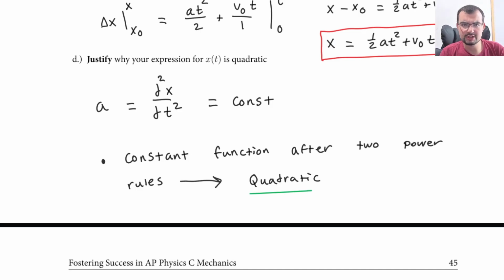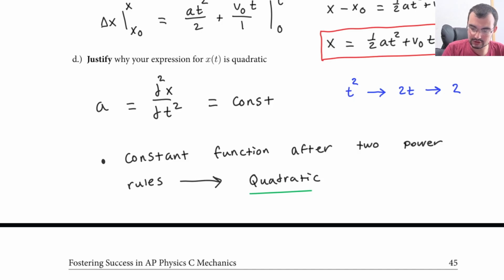So let's explain that a bit more. So we know that if you take two derivatives of the position, it must be constant. And for that to work, that means eventually you must be out of powers after two derivatives happen. So if you start from a t squared, then you're going to get to 2t, then you're going to get to 2.